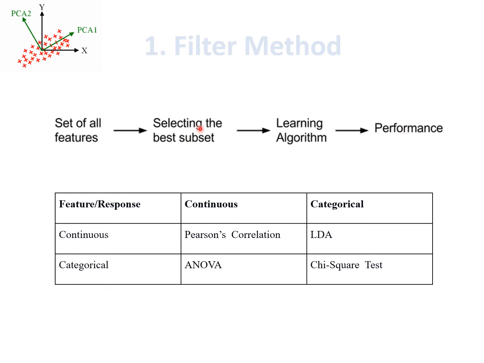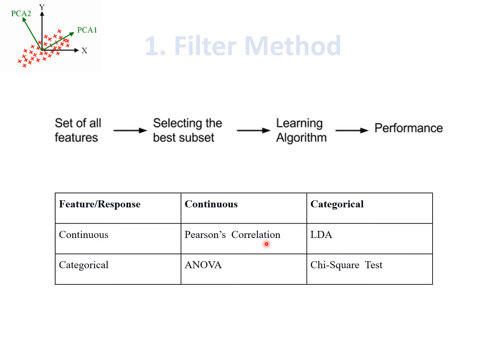Now we will see how we can select the particular subset. In the filter method, we are assigning a score to each feature by using some statistical measures. Now we will see what the statistical measures are. For continuous type of data, we are using Pearson's correlation coefficient.